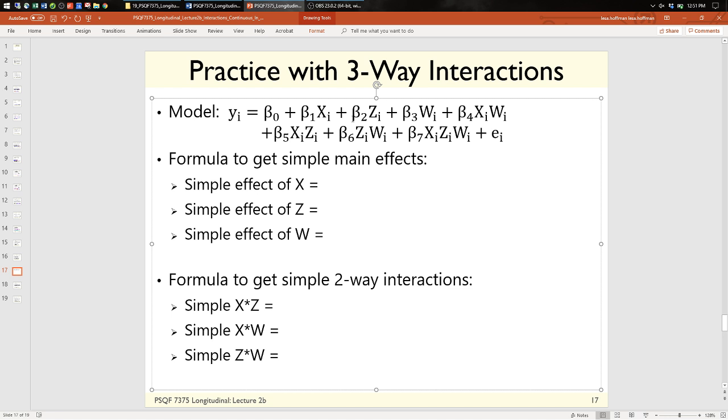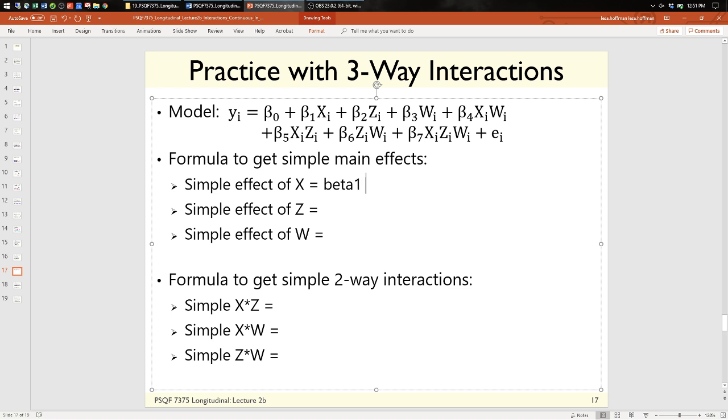Simple effect of x. How does this model tell me for any level of W and Z what the effect of x is going to be? Do you remember the rules? First step, find all of the terms that have something to do with x. So, do I need beta 0? No. Do I need beta 1? Yes. I'm going to cheat here.